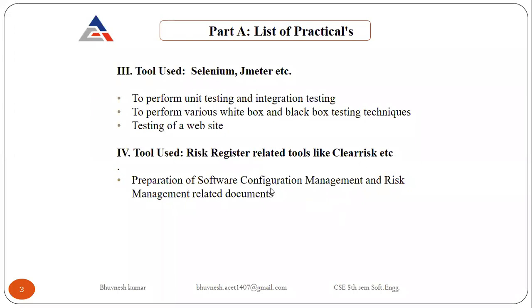These are the tools that will check your software configuration, to see whether it is compatible to execute your application or not. And all these concepts we will perform in our practical lab.